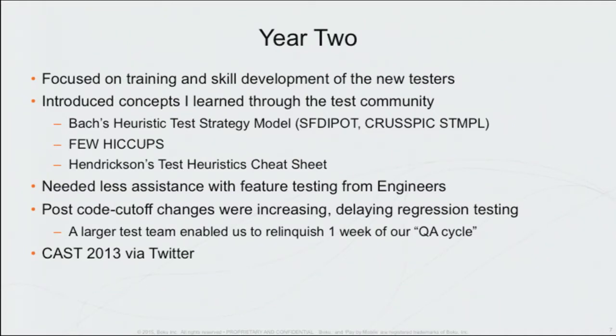Some of those heuristics were SFDPOT, a heuristic for covering different elements of a product. It also mentioned CRUSSPIC STMPL, a heuristic for quality criteria. And I'd also learned about another heuristic through Michael Bolton called FEW HICCUPPS, which is a consistency heuristic.